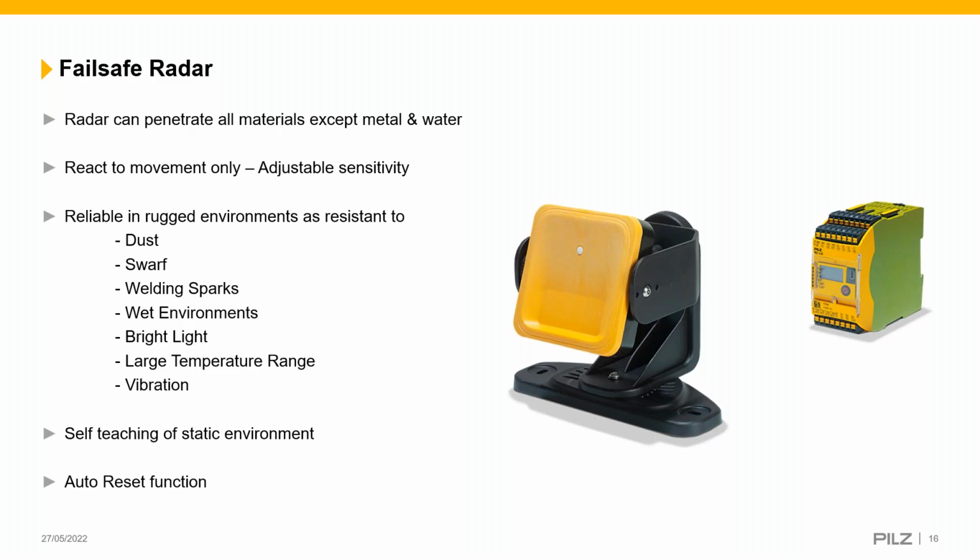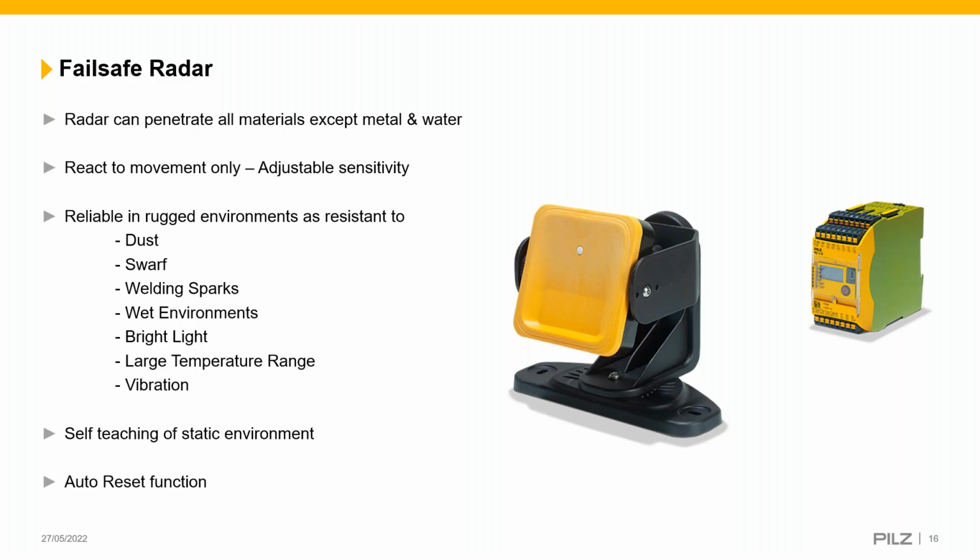They're very reliable in rugged environments, and they're resistant to dust, swarf, welding sparks, wet environments. They will even withstand a certain amount of rain straight on the face. Bright light, you're not going to get issues with that. Like we said earlier, there's a large temperature range, but they're also resistant to vibration.